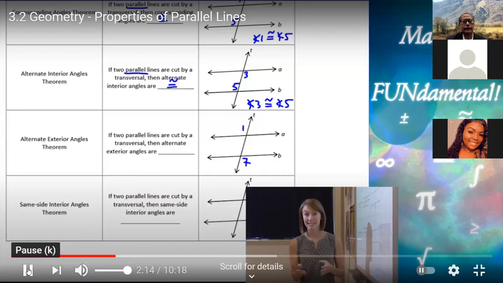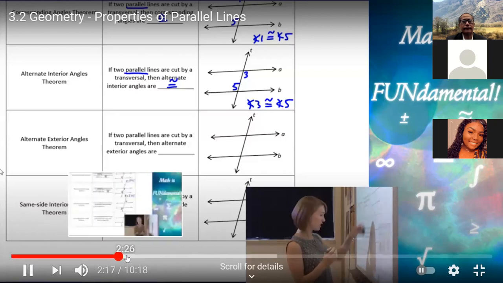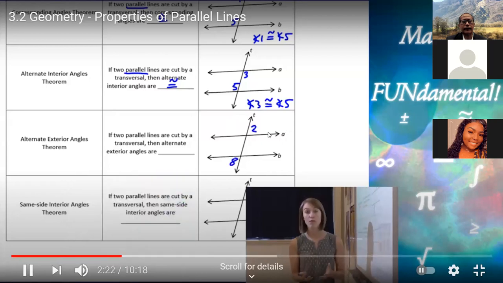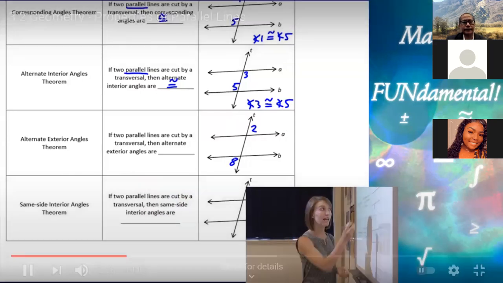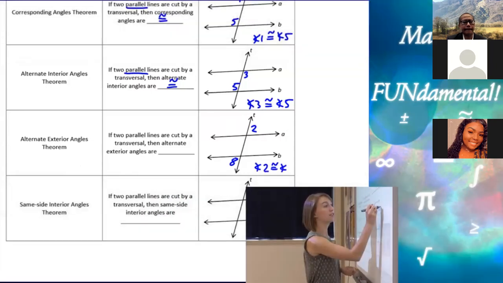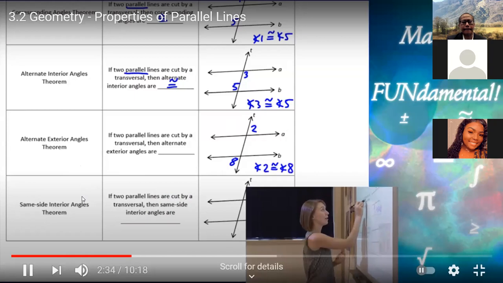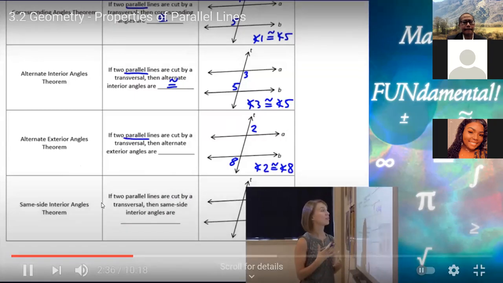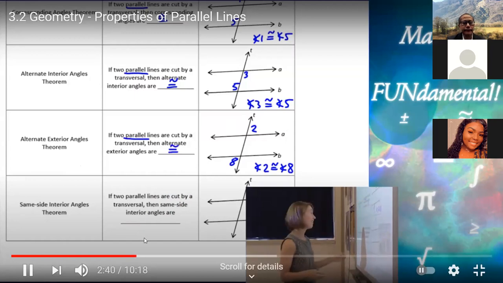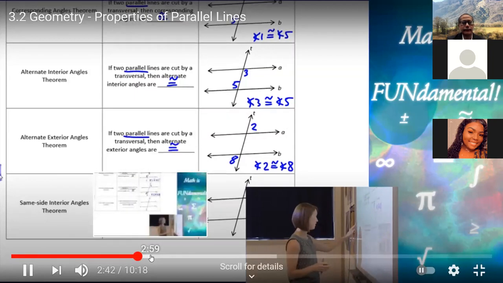Only those two. This one and this one, and this one and this one. So we call it the alternate exterior angle. Either way, it looks like they're going to be congruent. And it turns out the theorem states if two parallel lines are cut by a transversal, alternate exterior angles are in fact congruent.